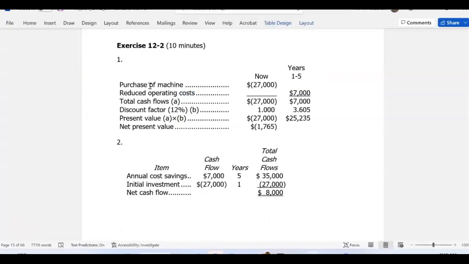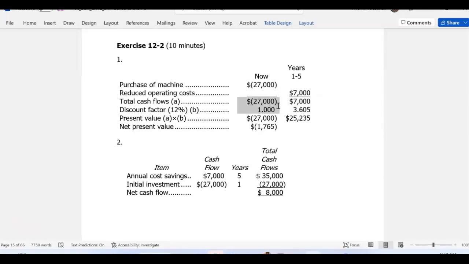So purchase of the machine by itself is minus $27,000. That's an outflow, right? But for 5 years, that's an annuity saving, $7,000 a year saving if we have this new equipment. That's an annuity because it's the same amount over and over. So $27,000 times a factor of 1, because it's present value right now.